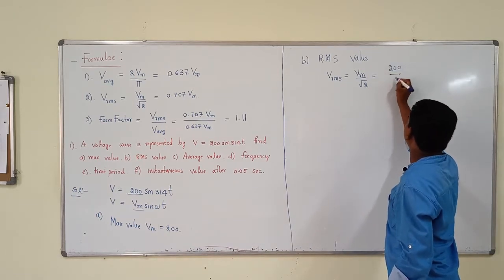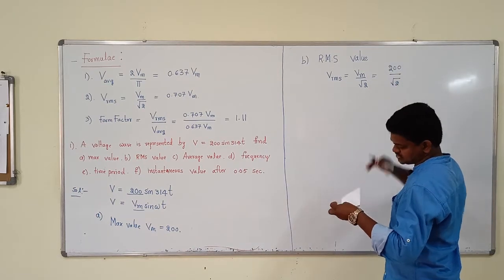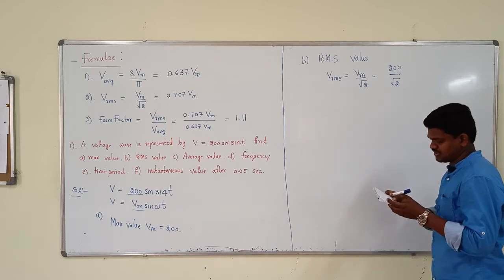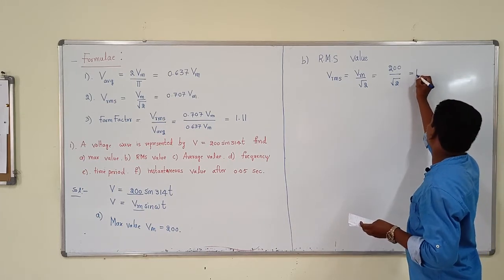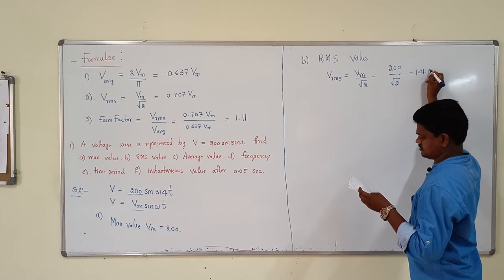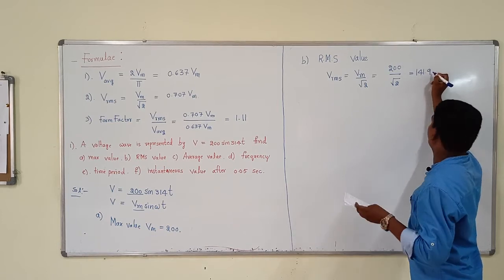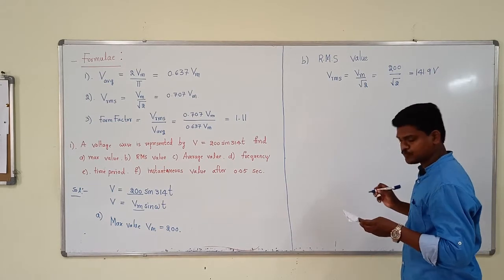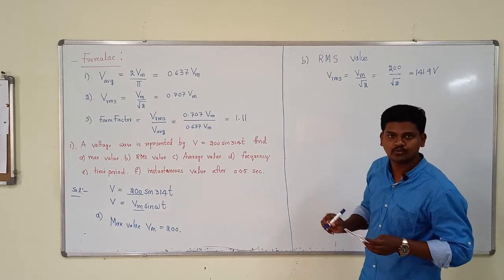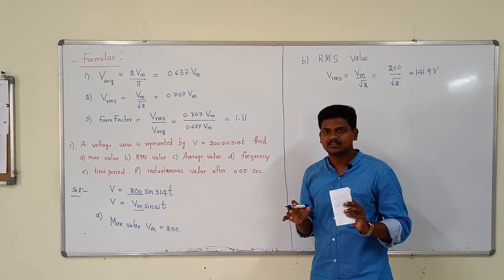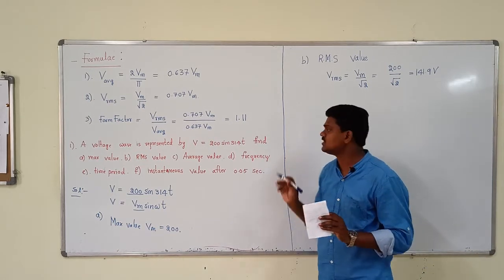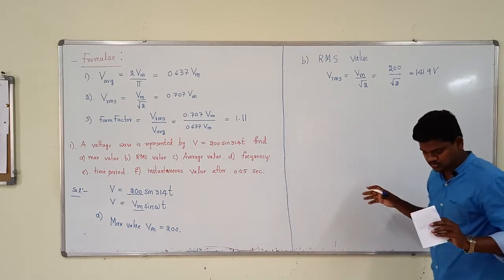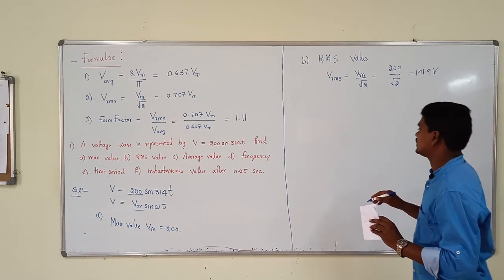So Vm by root 2 is 141.4 or so. When you are doing the problems, keep your scientific calculator, then it will be easy.